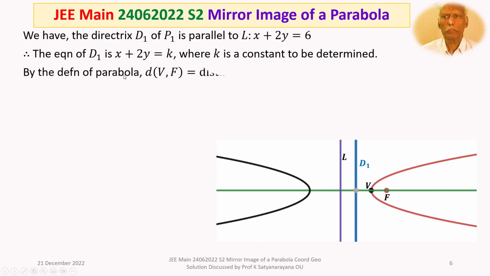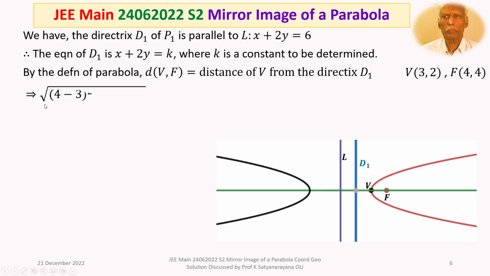By the definition of a parabola, the distance from V to F is equal to the perpendicular distance of V from the directrix D1. V is (3, 2) and F is (4, 4). So what will be the distance between V and F?